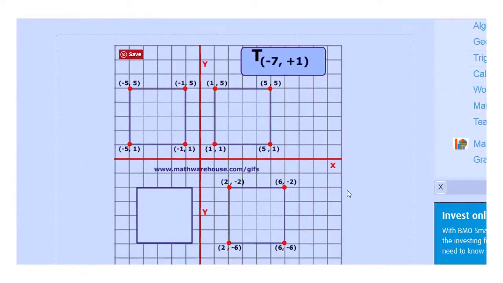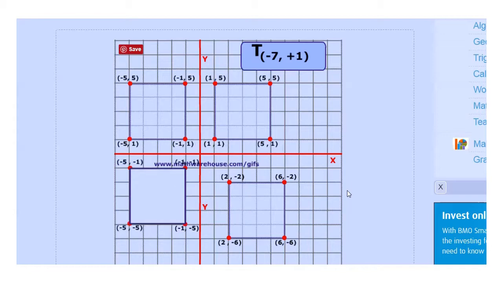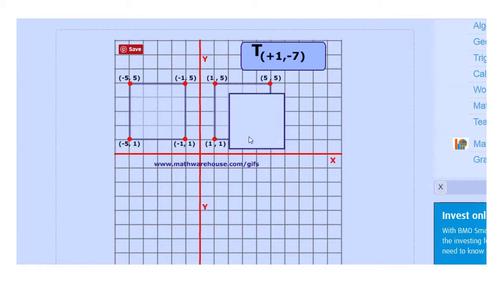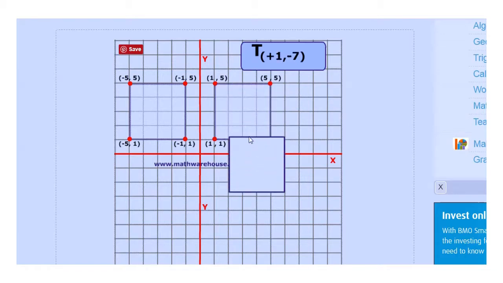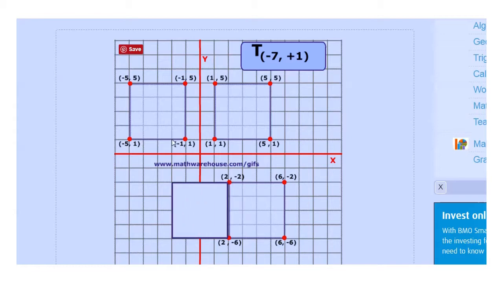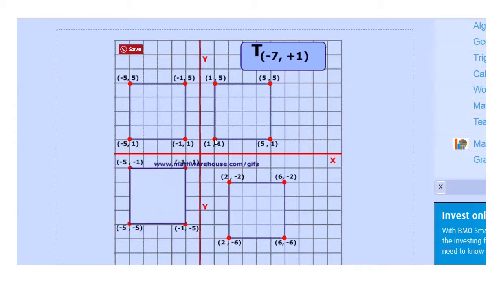So in this example, they are translating. This is a slide. So they've taken the original shape and slid it over. And so when you're talking about translations, you want to tell us how far you're translating that shape. And so if you wanted to talk about this point, negative 5, 1, they've moved it 1, 2, 3, 4, 5, 6 spaces to the right.